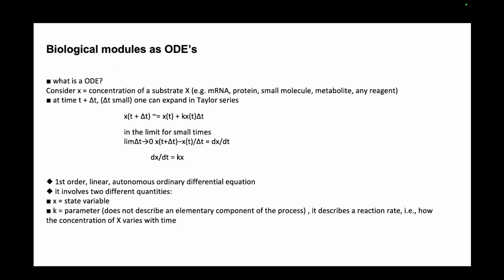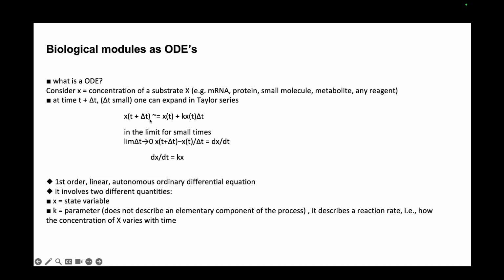Now, if you talk about biological modules, in the case of ODEs, this is how we define an ODE. You have an element which can be an RNA, protein, molecule, DNA, whatever.